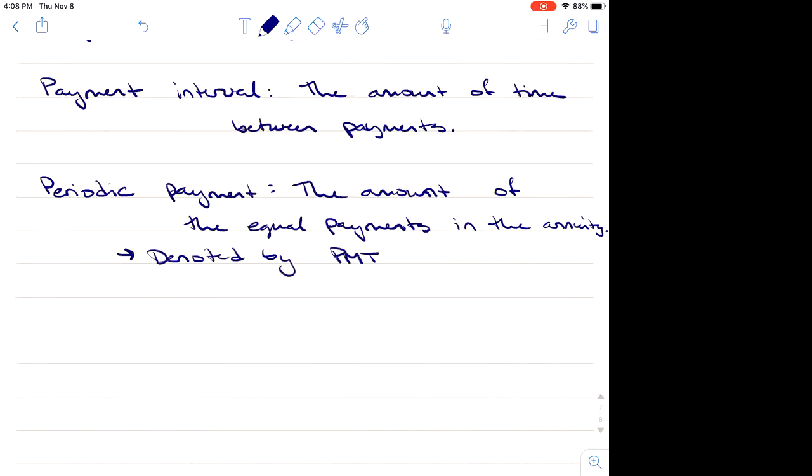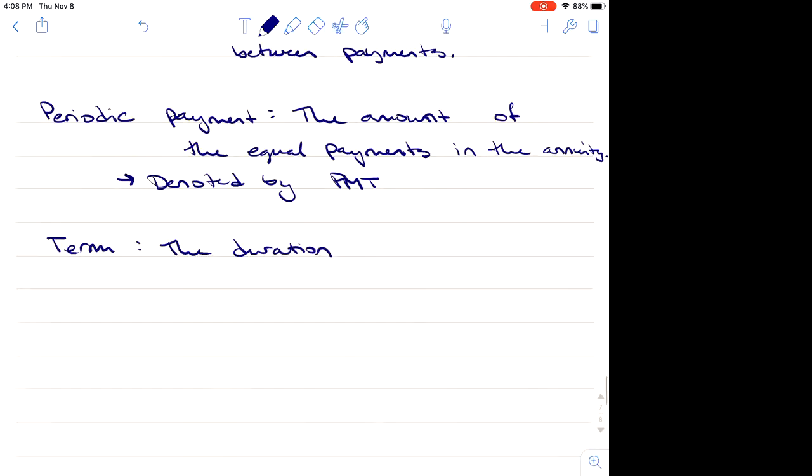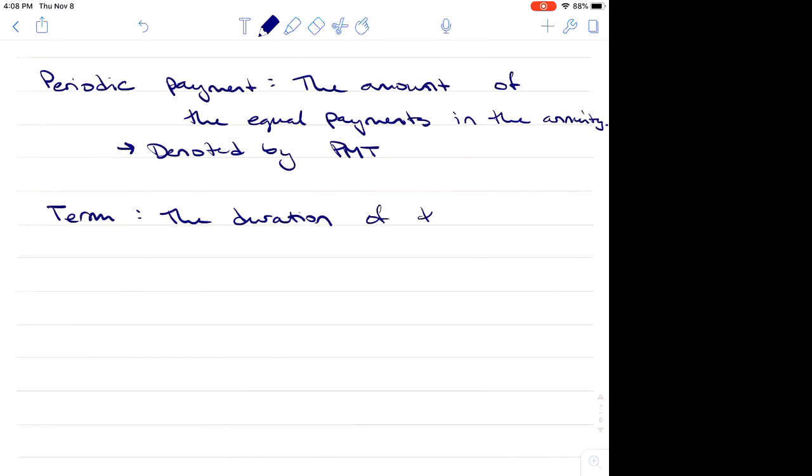And then the term is just the duration of the payments. So you buy a car and you get a loan for 5 years, 3 years, 8 years.